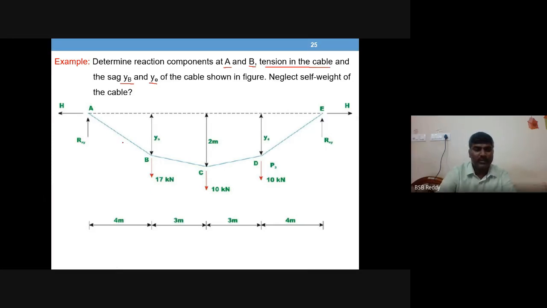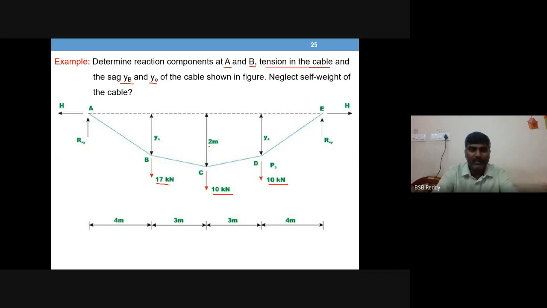So now let us see the problem. There is a cable with 3 point loads, 17 kilonewton at B, 10 kilonewton at C, and 10 kilonewton at D. And the span you can see total is 7 plus 7, 14 meters is the span of the cable, out of which 7 meters to the left and 7 meters to the right of the midpoint.